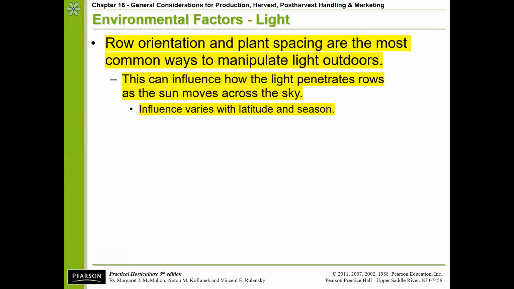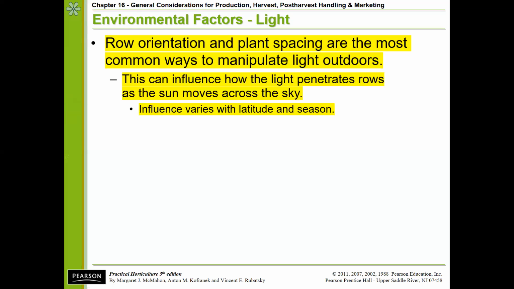The way that you would orient rows is going to kind of vary with your latitude as well as the season. And generally, we try to think of kind of like a more passive solar alignment to where you're getting the maximum light throughout the day and throughout the growing season.